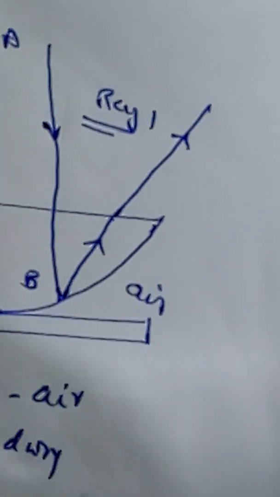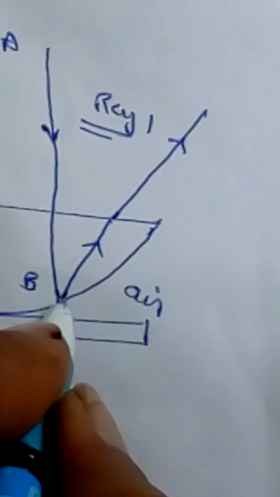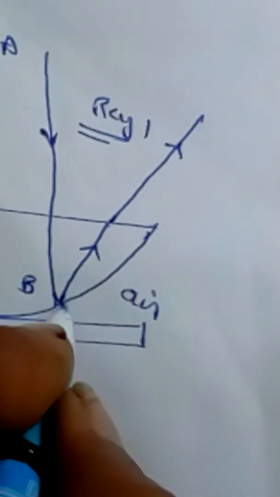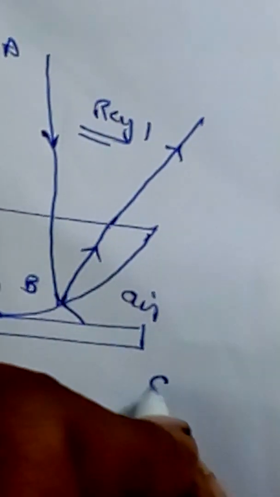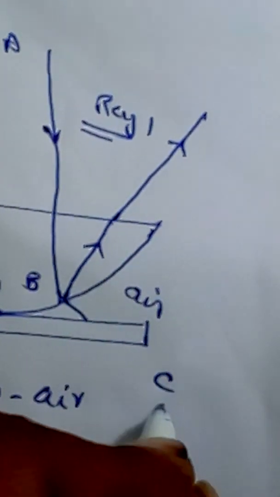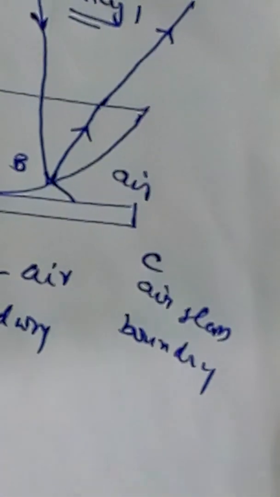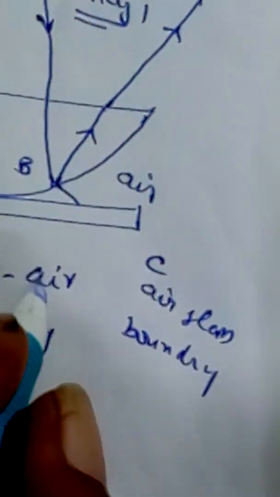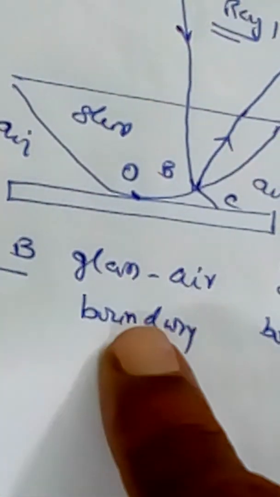Another part is very interesting. It is refracted along into this. Now what is C here? C here is the air glass boundary. Carefully observe, this point we call C. C is the air glass boundary, B is the glass air boundary.